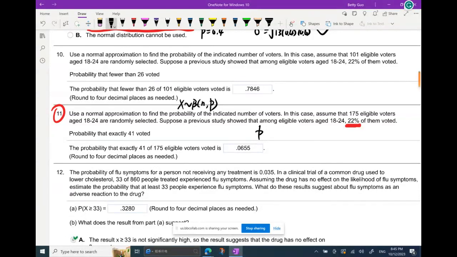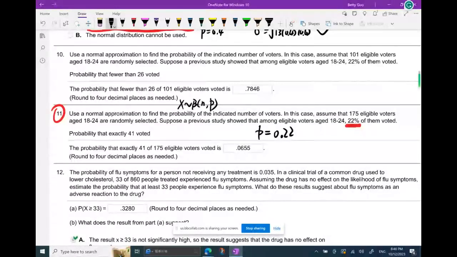The person is eligible to vote, which doesn't mean he actually voted, right? So let's say the first trial is you randomly select an eligible voter and ask him, did you vote or not? If he votes, that's success. The probability of success is 22%. This value is from the past.